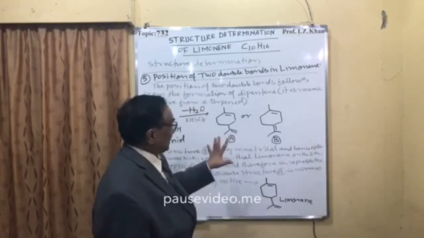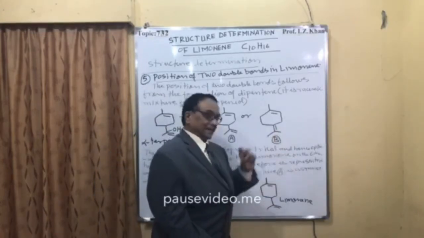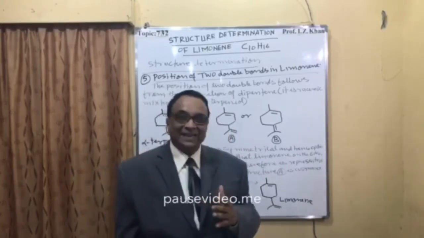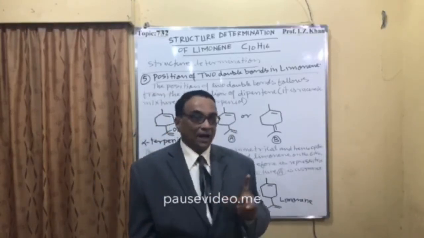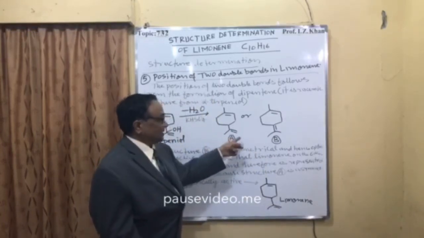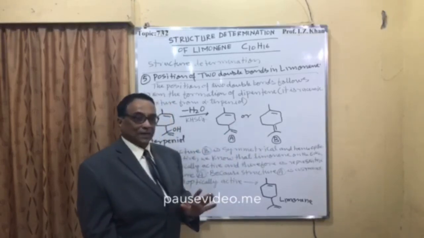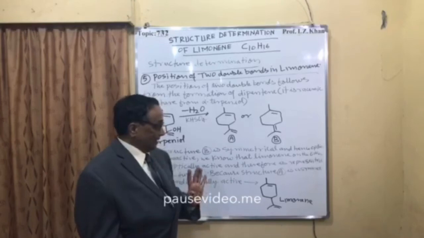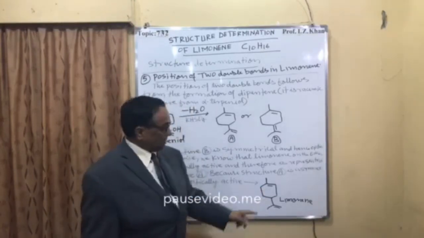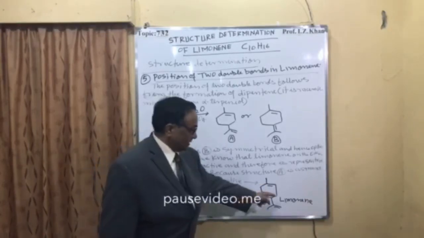In these 2 structures, B is symmetrical and optically inactive, while limonene is optically active, and this is A, which is optically active because it is asymmetrical. So on the basis of its optical activity, we can confirm the position of the 2 double bonds, and then we can determine the structure of limonene which is given here.